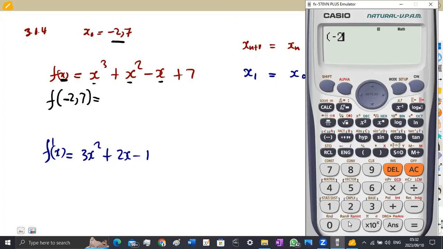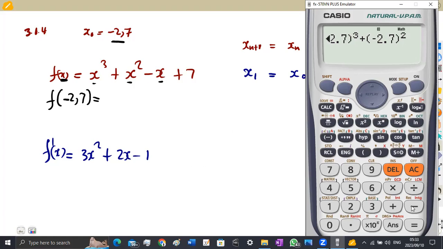So we've got minus 2,7 to the exponent of 3. All right, then plus x squared, so plus minus 2,7 to the exponent of 2.